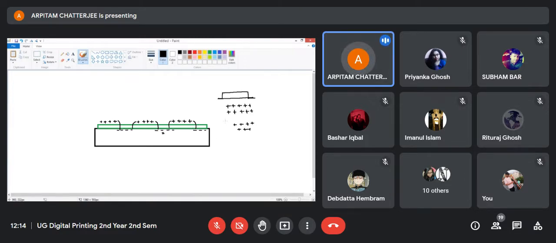That means at the output, instead of this kind of thing, you get something like this, because at the edges you lose the charges.